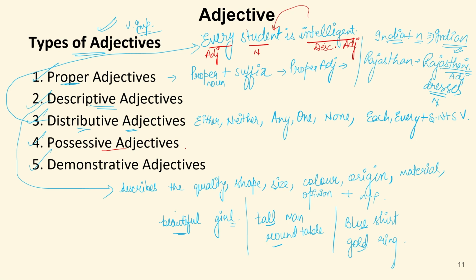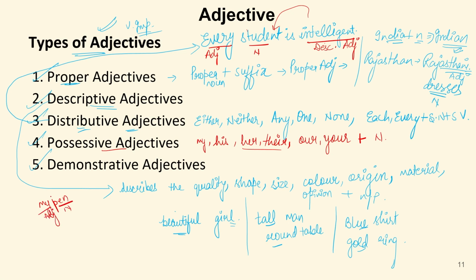Possessive adjectives are the ones which tell us the possession of anything. For example, my, his, her, their. We have learnt these already in the chapter of pronoun. My, his, her, their, your. Because they are just followed by a noun, these are called possessive adjectives. For example, my pen. Pen is a noun, whereas my is an adjective.